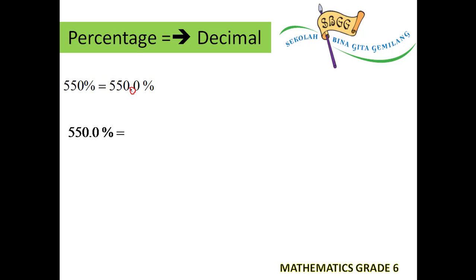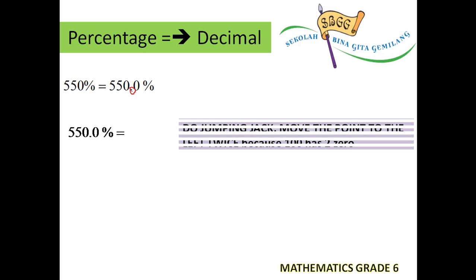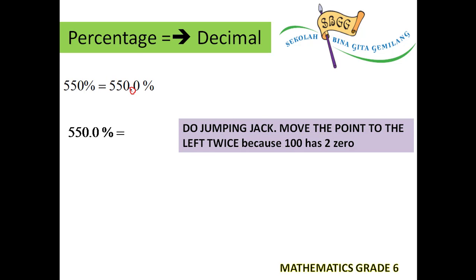And then, like the previous number, do the jumping jack. Move the point to the left. Why to the left? Because it is divided by 100. Why twice? Because 100 has 2 zeros.